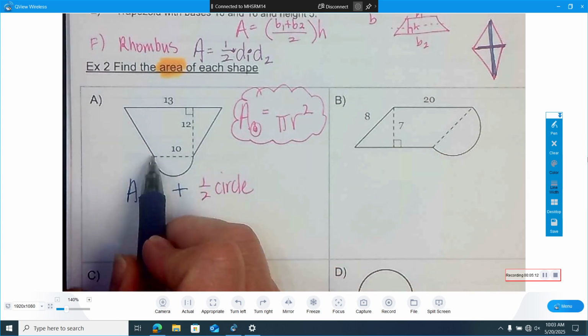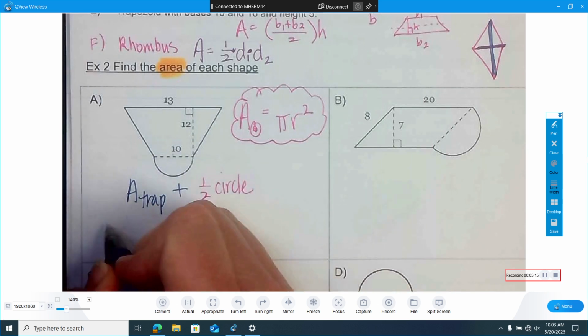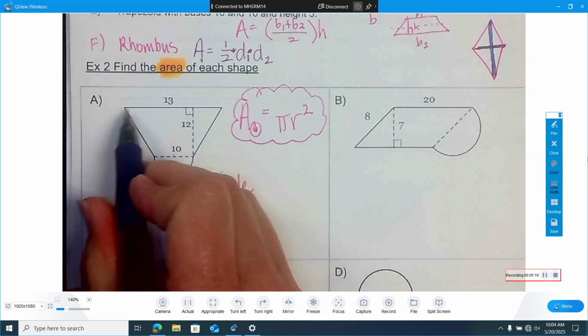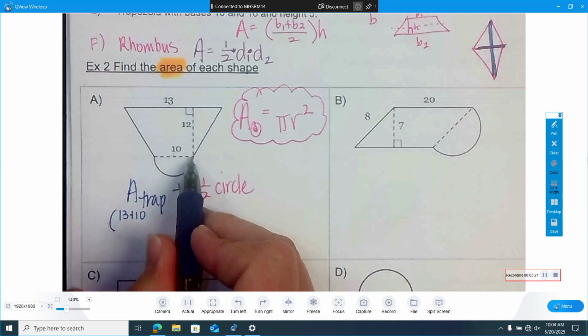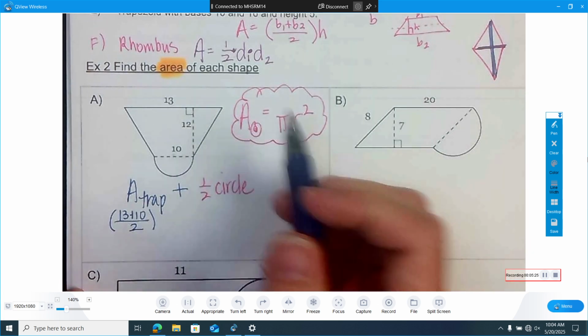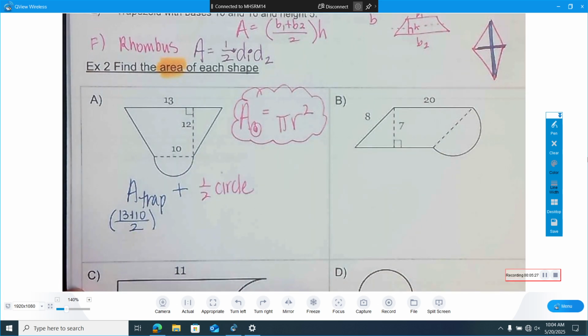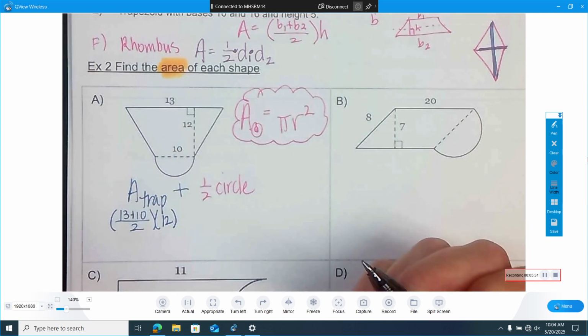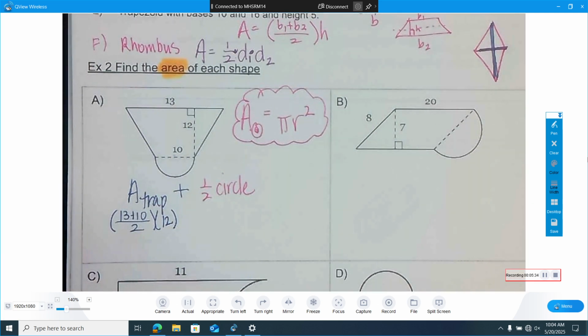The parallel sides are the bases, so we have 13 plus 10, the top and the bottom parallel sides, over 2, times our perpendicular height. What's our perpendicular height? 12. Okay, so that's the area of our trapezoid.